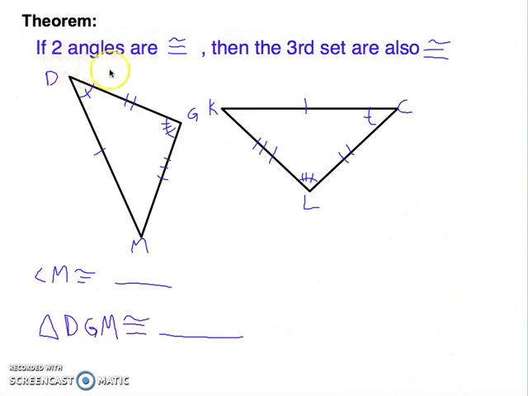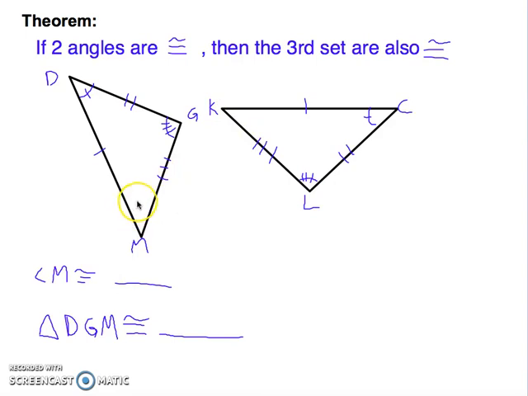The theorem on this page states that if two angles are congruent, which means angle D and C are marked congruent, angle G and angle L are marked congruent. If two are marked congruent, then the third set is also congruent, even though it may not be marked.